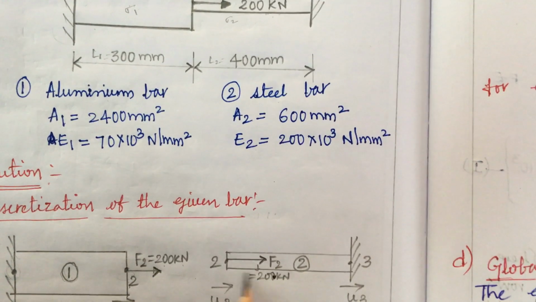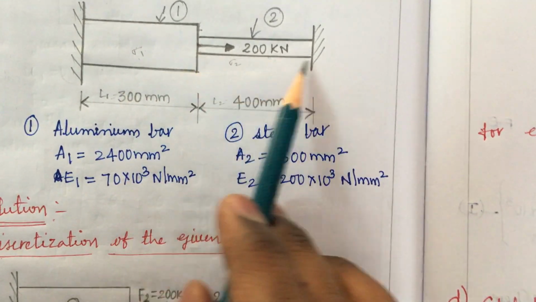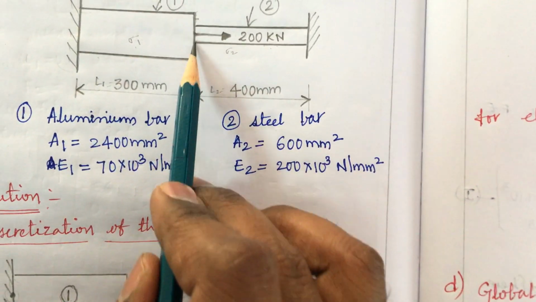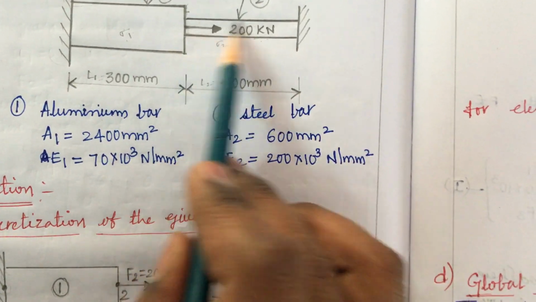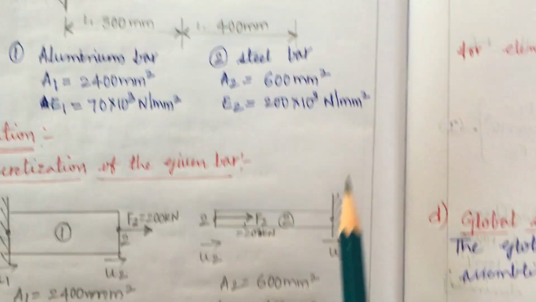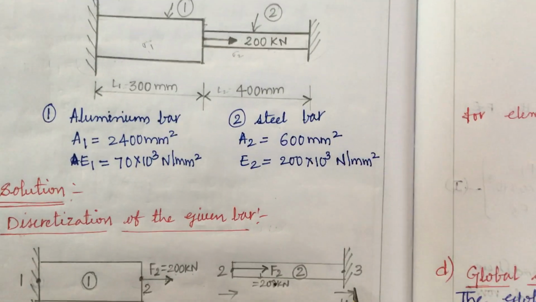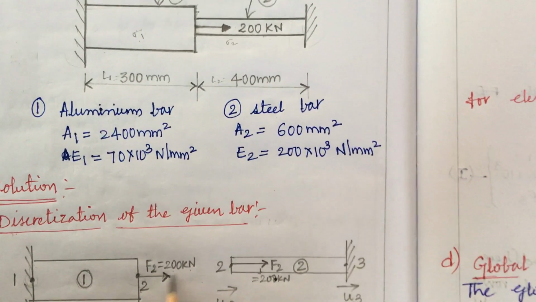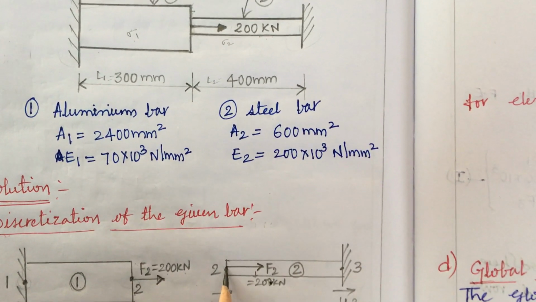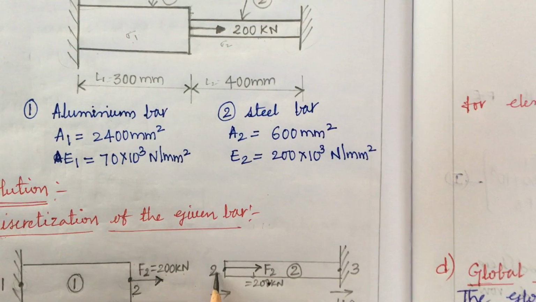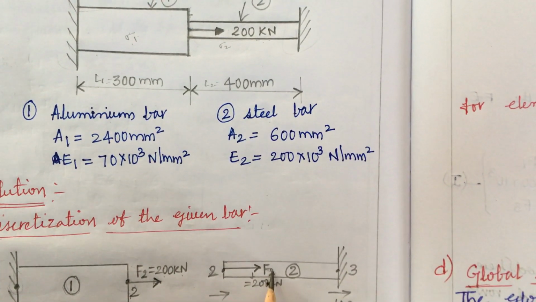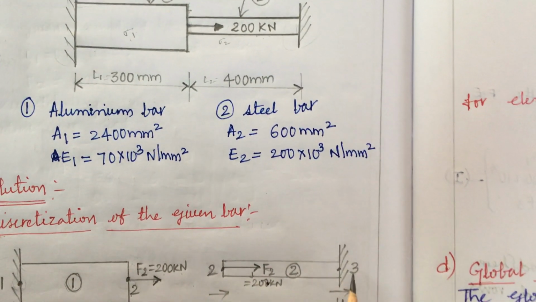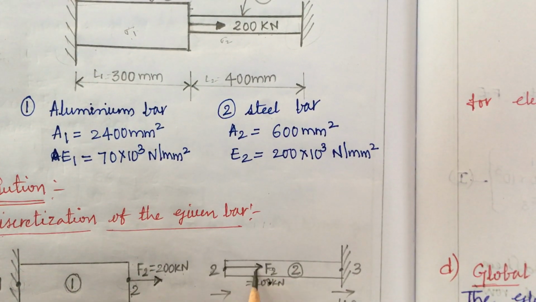Similarly, next I have discretized the second element. It starts from here, the second node, towards the right, and the end point is fixed here. Now as this is connected to this, after dividing, that is continuity, this is the second element with nodes 2 and 3, and the force is also acting again.